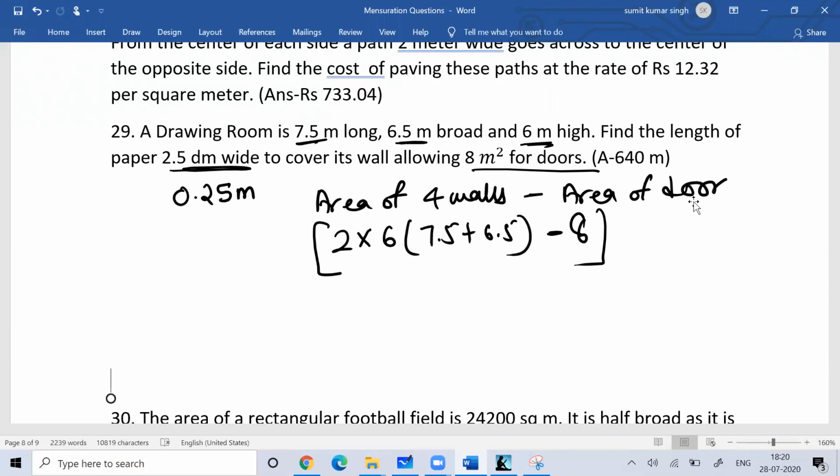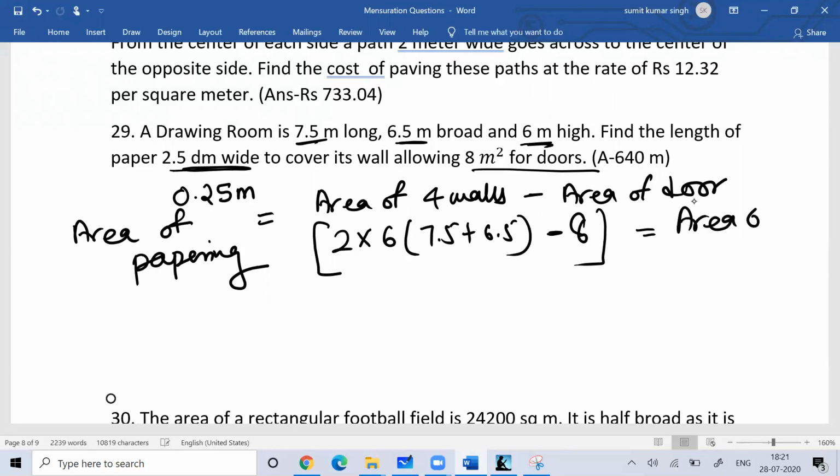This is the area which I'm papering, the area of papering. You have to find the length of the paper. They've given you the width of the paper. So like a carpet or paper, whatever, that is equal to the area of paper.